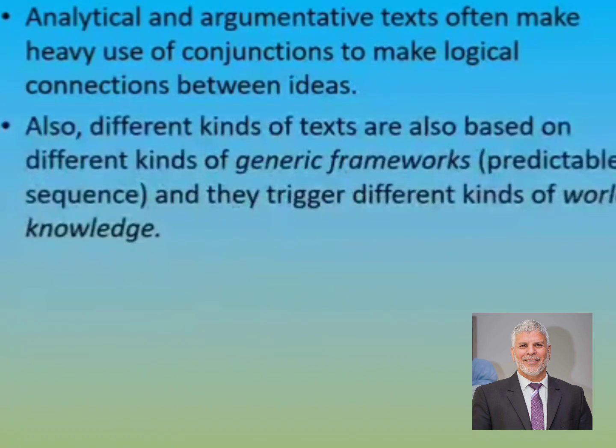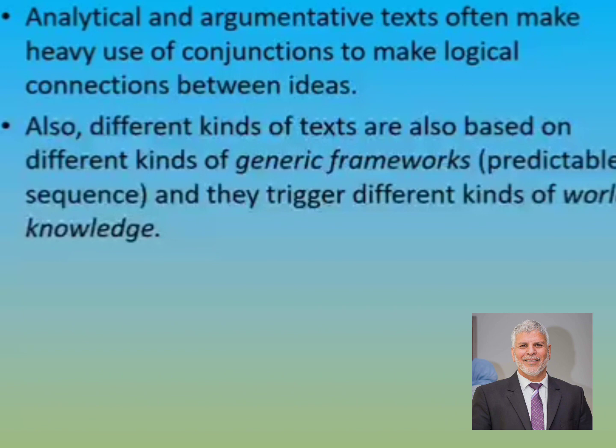Okay, so also, in addition to these differences in the use of cohesion, different kinds of texts are also based on different kinds of generic framework or predictable sequence, and they trigger different kinds of world knowledge. So we have two key expressions here: generic framework and world knowledge.